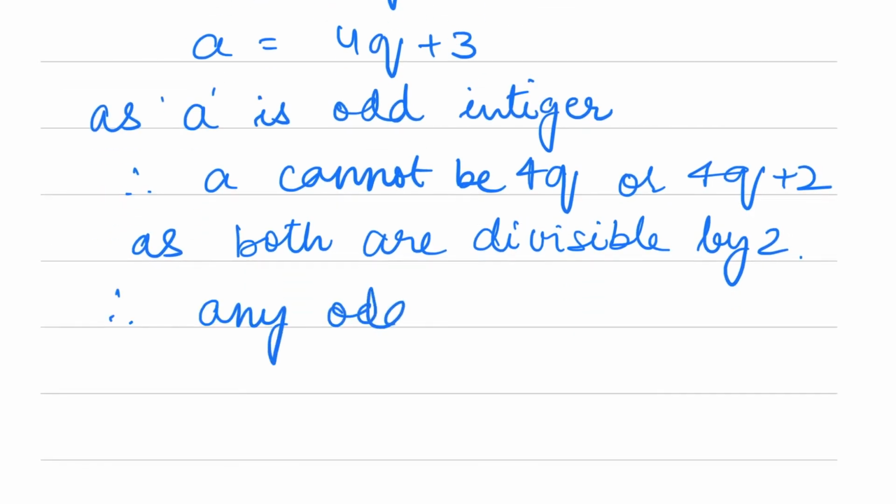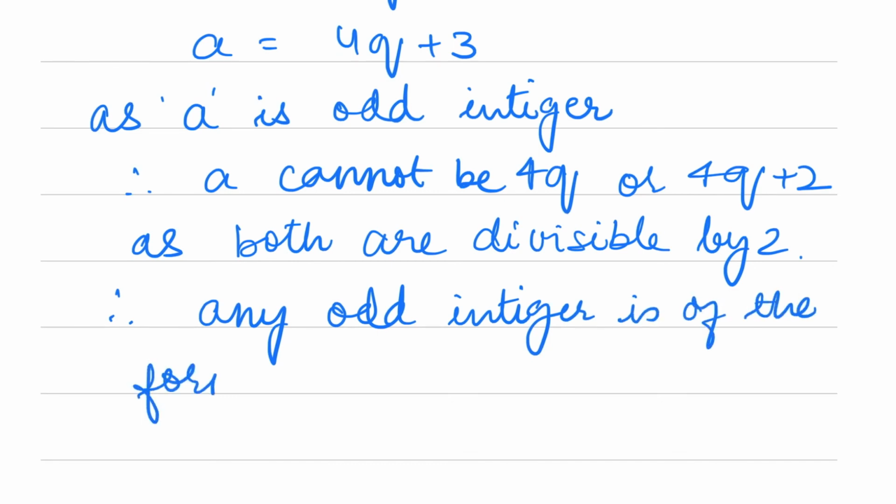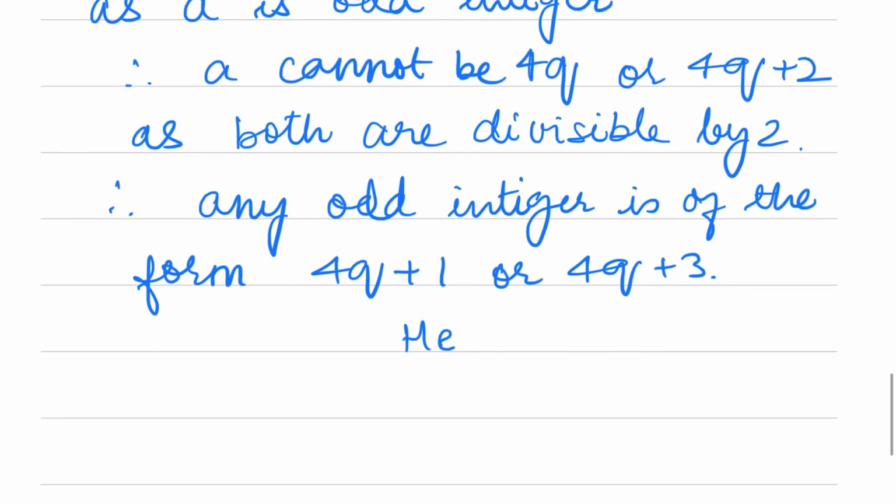Any odd integer is of the form 4q plus 1 or 4q plus 3. Hence shown. So we have understood what is Euclid's division lemma, and we have applied it.